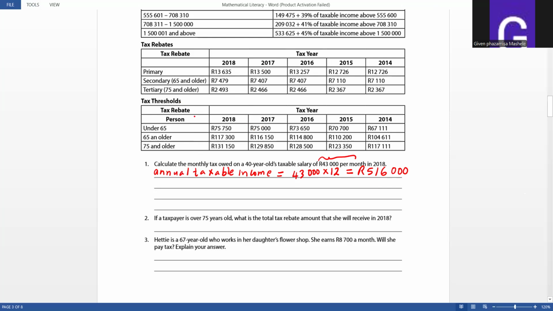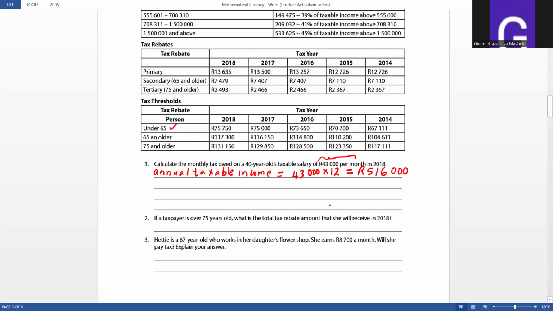To do that, you look at the tax threshold for the year 2018. This person is aged 40, so he's still under 65. The tax threshold is 75,750. You can see that this annual taxable income is bigger than 75,750, which means this person qualifies to pay tax.